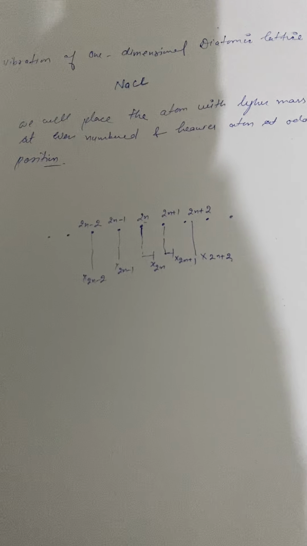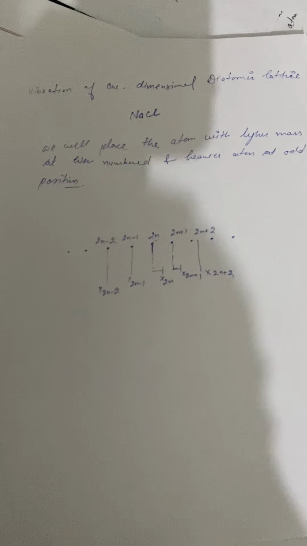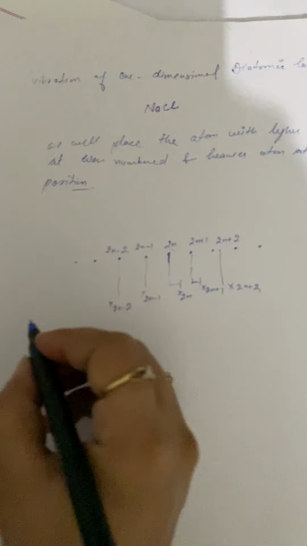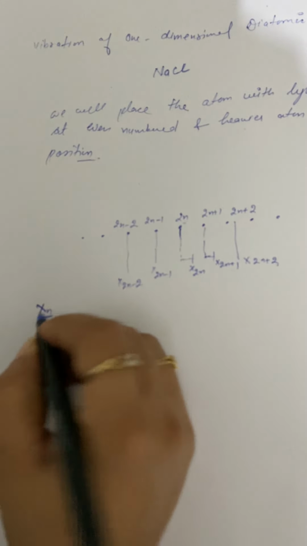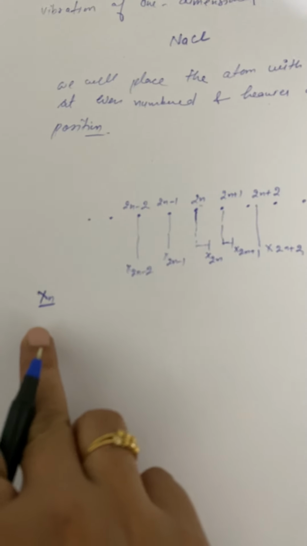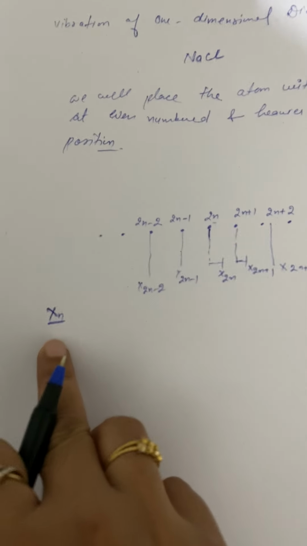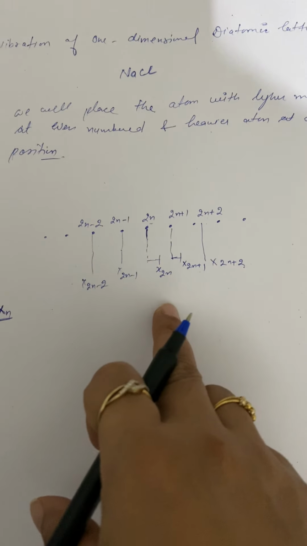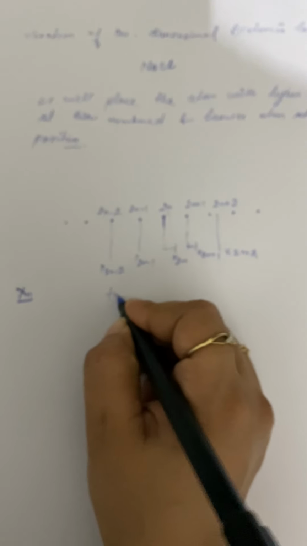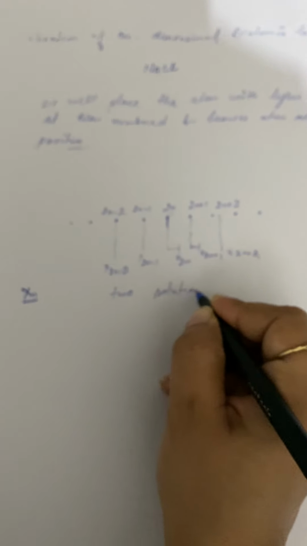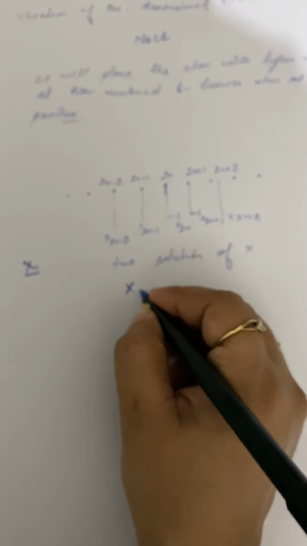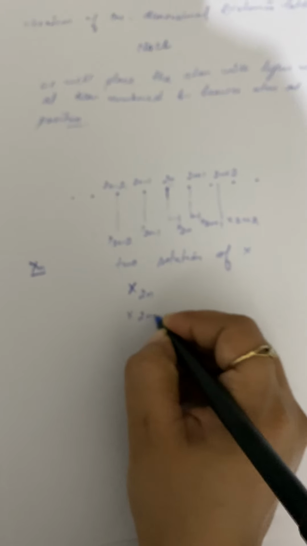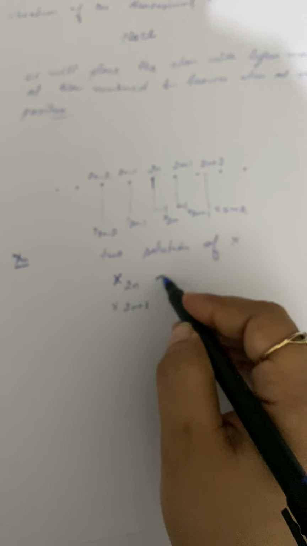In the last video we had a single solution xn, but here we have two atoms, so there will be two solutions, which are x raised to power 2n and x raised to power 2n plus 1. This is for two atoms.